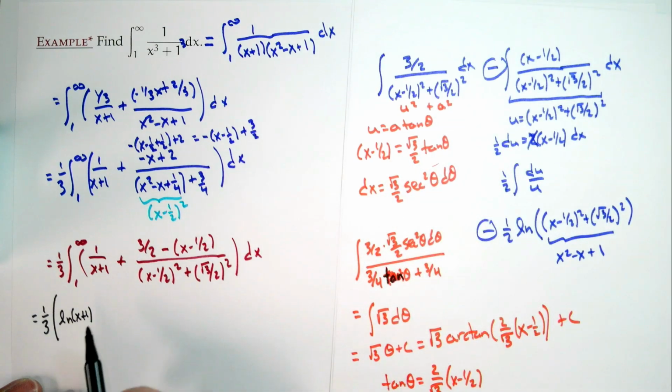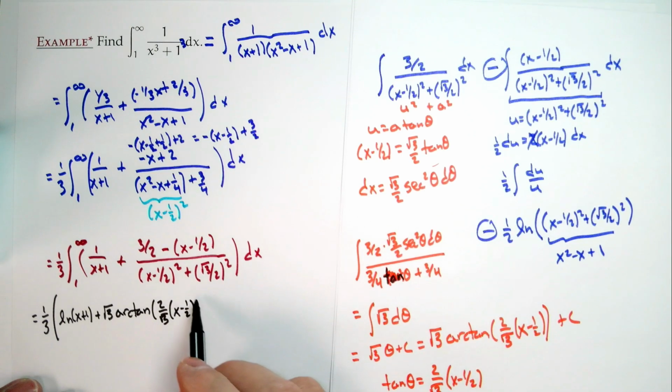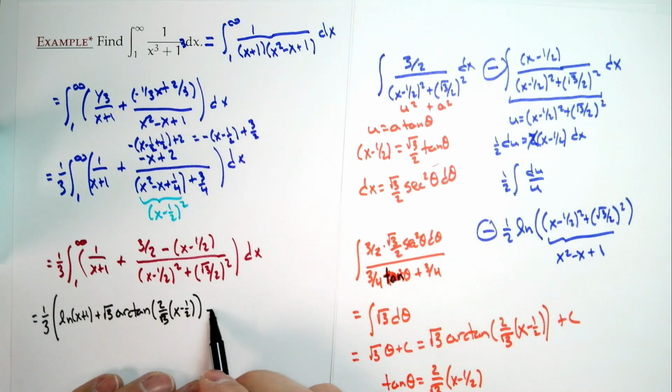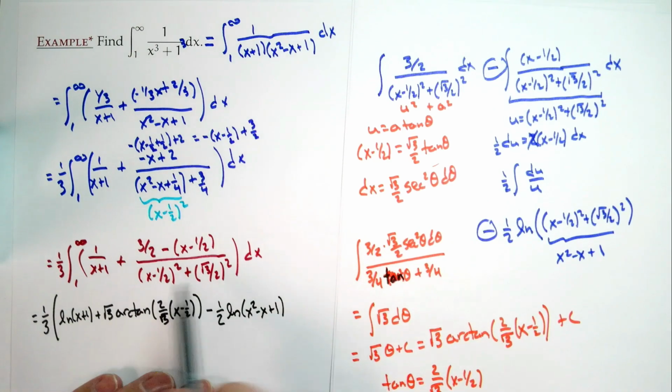So plus, we have a square root of 3 arctangent. 2 over square root of 3 times x minus 1/2. And now we have a minus. Don't forget that minus. It's going to be important in just a moment. 1/2 log x squared minus x plus 1. Good. So that's the antiderivative.